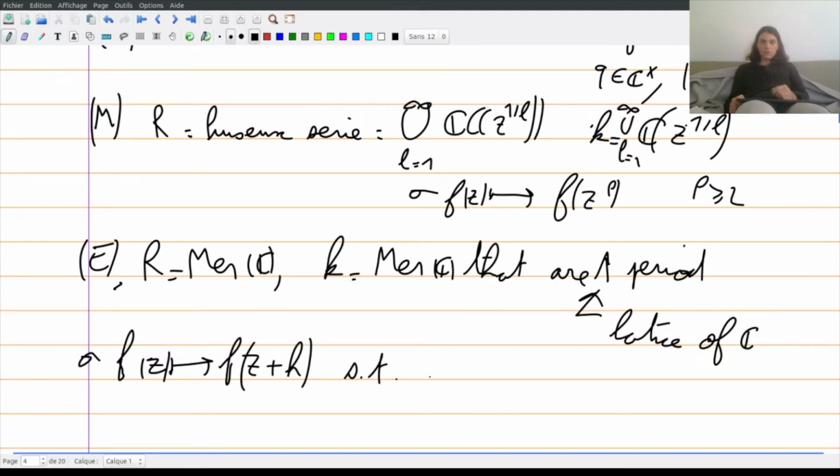You want this automorphism to be non-cyclic, so you want h to be a non-torsion point. Each of these examples has been studied, so maybe the last one is less known, but now the cases are quite understood.